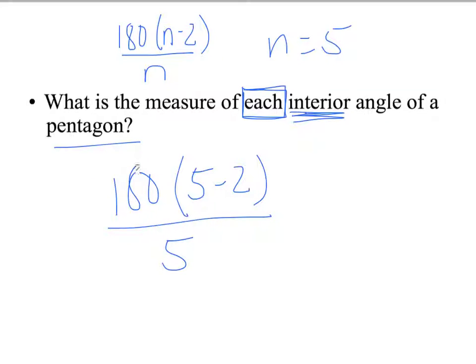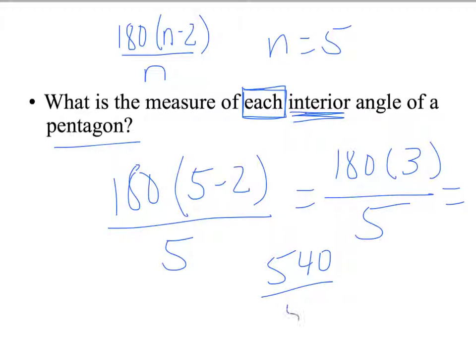So 180 times 5 minus 2 is 3 divided by 5. So 180 times 3 is equal to 540. Divided by 5 is equal to 108 degrees. So each interior angle is 108 degrees.